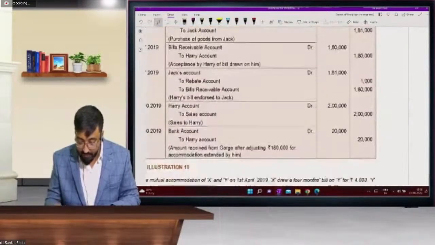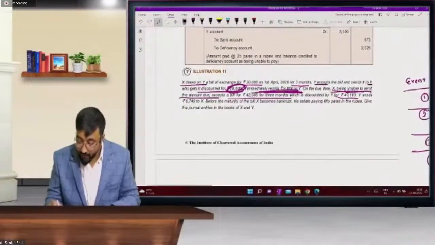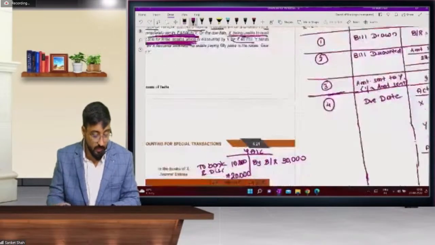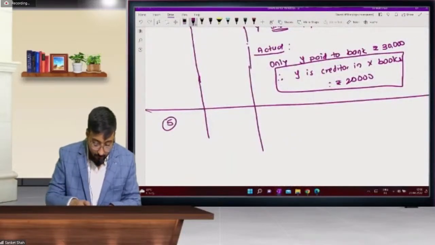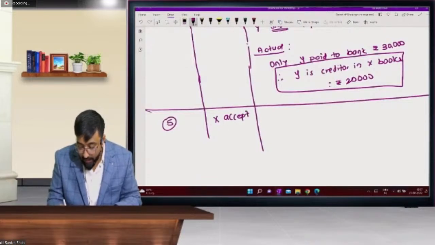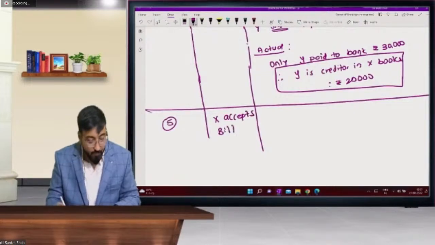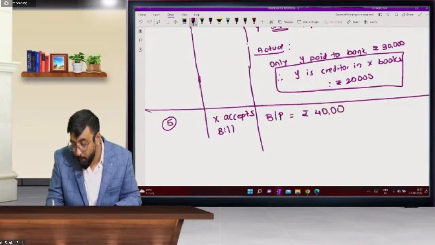Now understand why draws a fresh bill 42,000. So fifth event. Why X accepts bills. We are X na. So X accepts bill. So for us it is bills payable rupees 40,000.